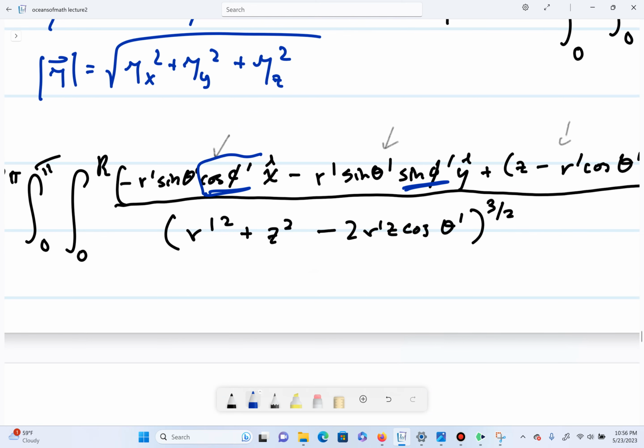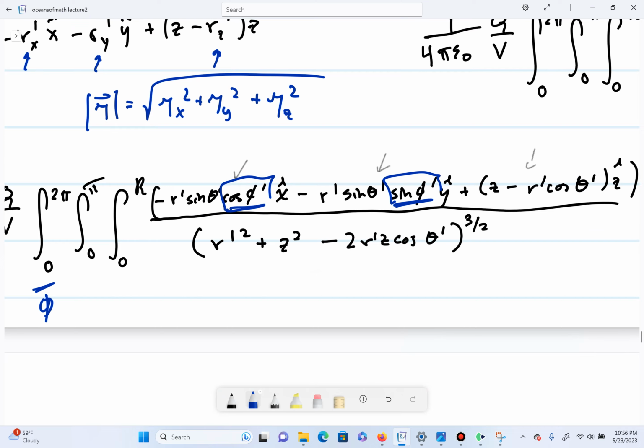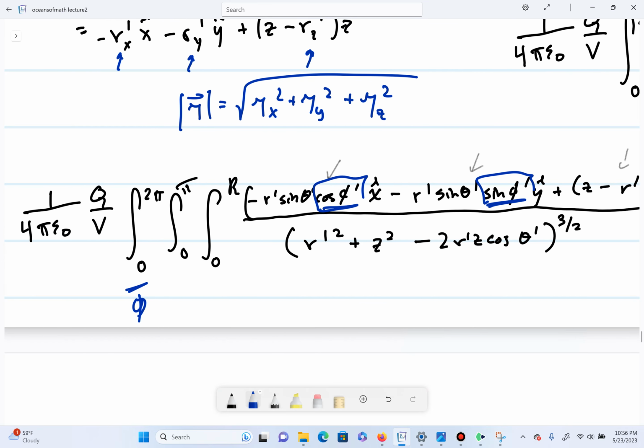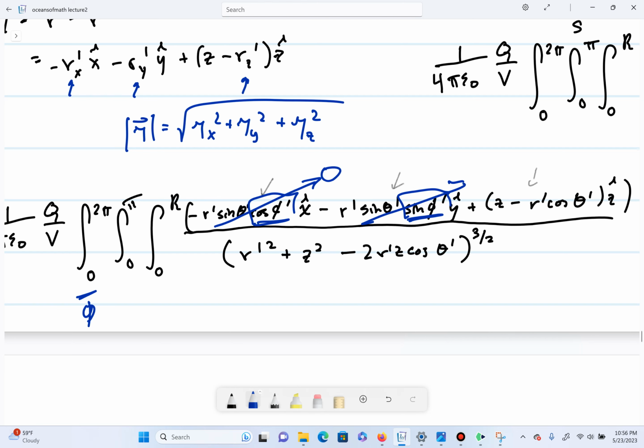Since there's no other phi dependence anywhere, these cosine and sine terms are going to cause the integrals to go to 0, because the integral of sine phi d phi from 0 to 2 pi is equal to 0, and the integral from 0 to 2 pi of cosine phi d phi is also equal to 0. So with this in mind, we can cancel out the x hat and y hat parts of the integrand, and we know that they're both going to go to 0.